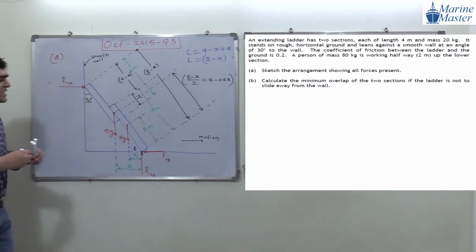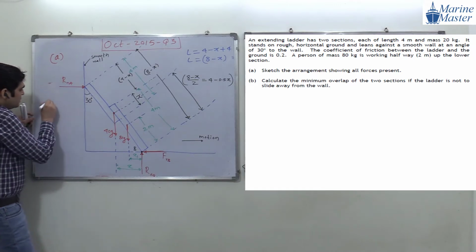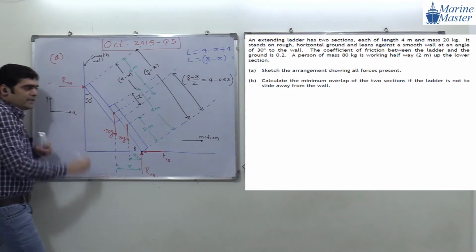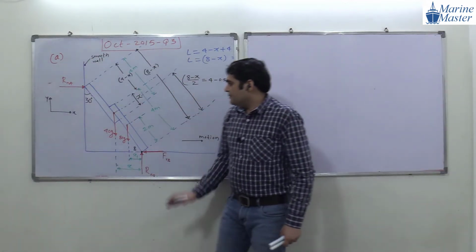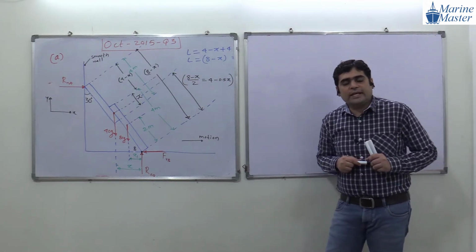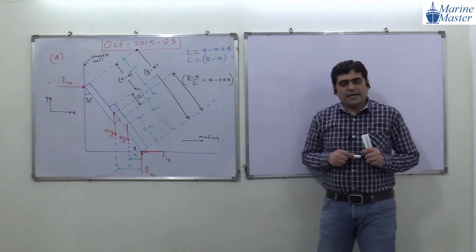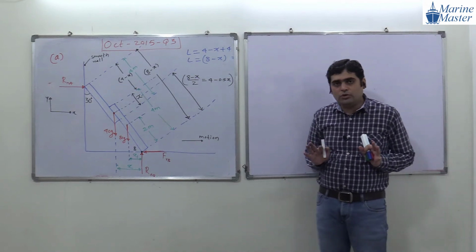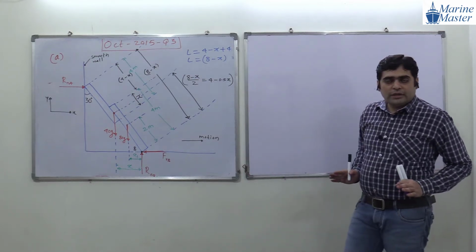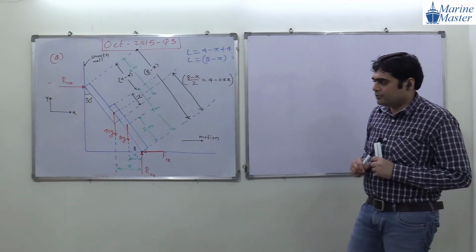Now as usual, our standard practice: x is horizontal and y is vertical. Guys, pause, don't write anything, just observe this drawing carefully. If any doubt, please ask me.